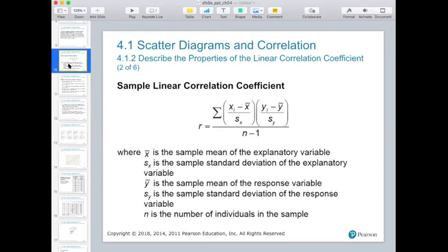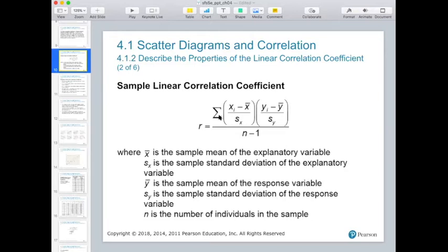Okay, so if we're going to calculate the sample linear correlation coefficient by hand, this is the formula. Remember, the big sigma means sum. So we're supposed to find the sum of, now remember we're dealing with two variables now, our response and our explanatory variable.